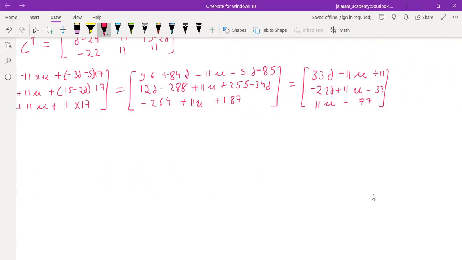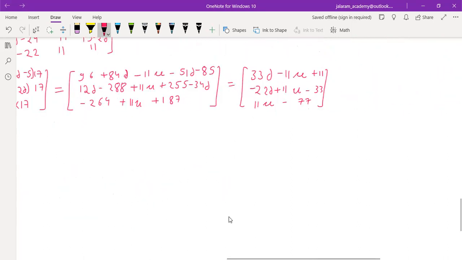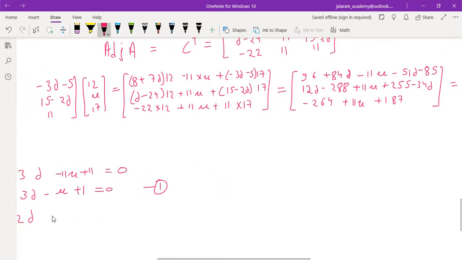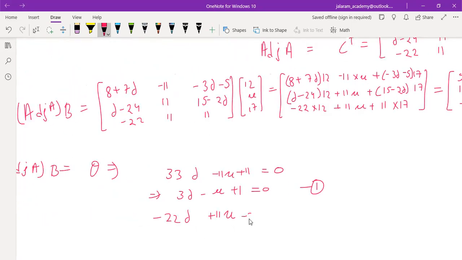The second equation is minus 22 delta plus 11 mu minus 33 equals 0. Divide throughout by 11: minus 2 delta plus mu minus 3 equals 0, which is equation number 2.